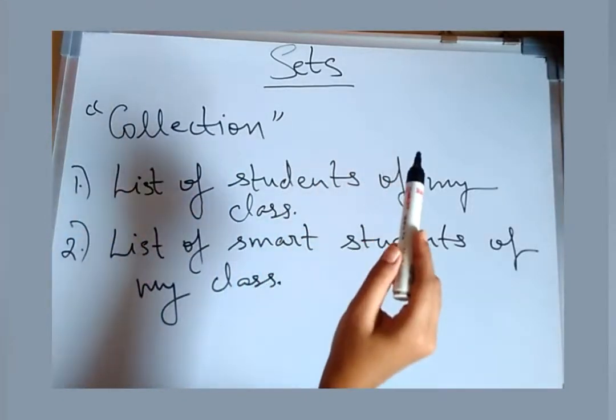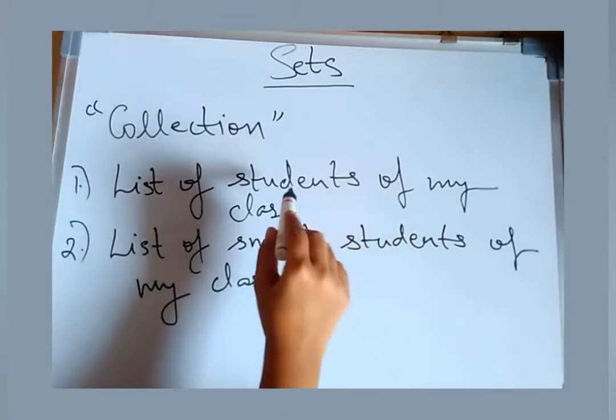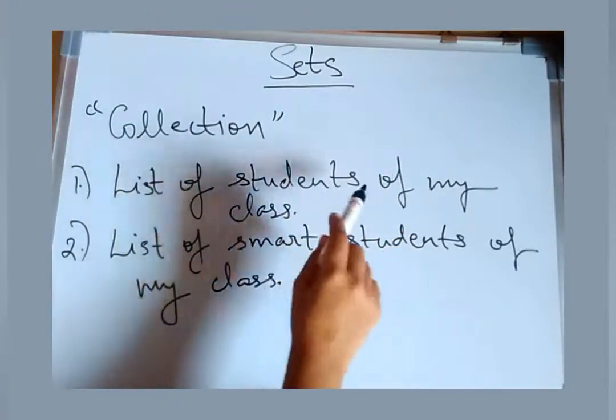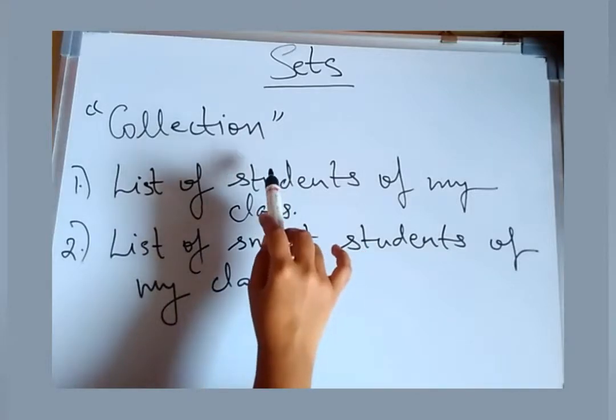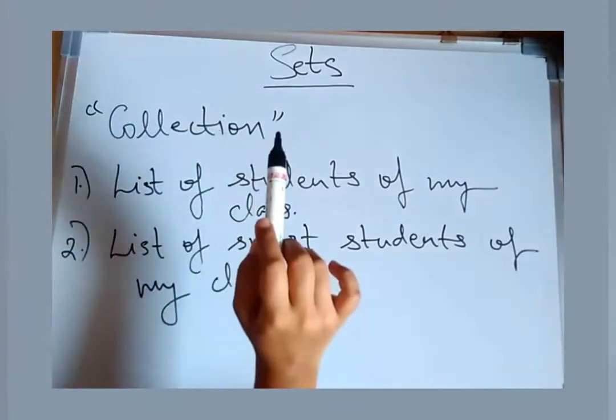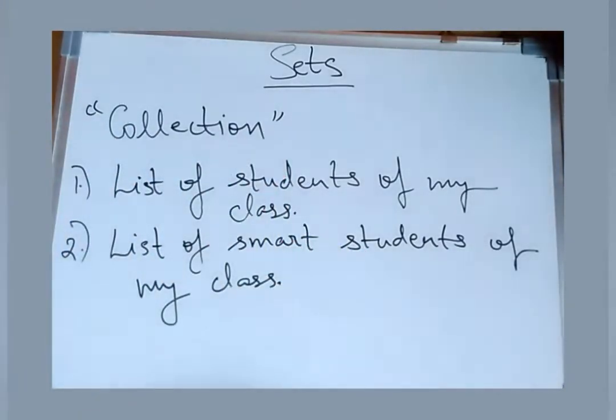Let's say I choose two students from my class and I ask them to make the list of students of their class. They both will come up with the same list, provided they don't make any errors.